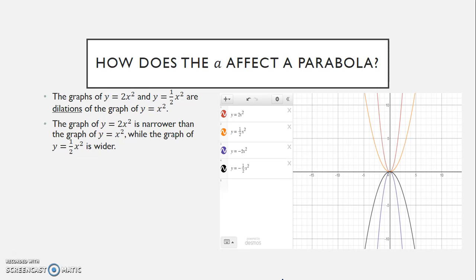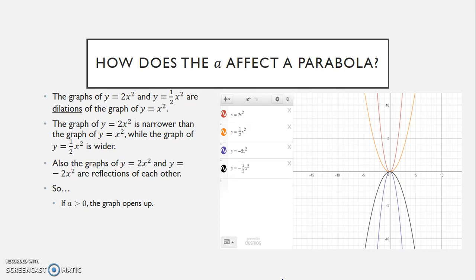So the bigger the a, the narrower the graph. The smaller the a, as long as it's less than 1, so a fraction, the wider it is. Also, the graphs of y equals 2x squared and y equals negative 2x squared are reflections of each other. What happens there is it causes our picture to flip with a negative a.